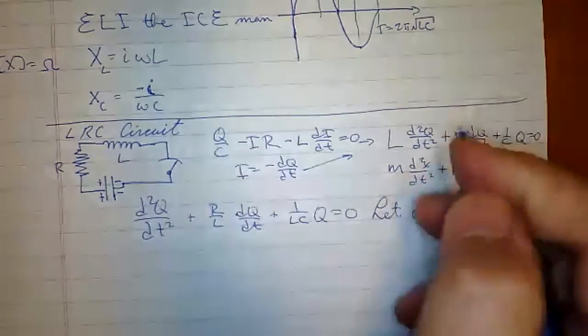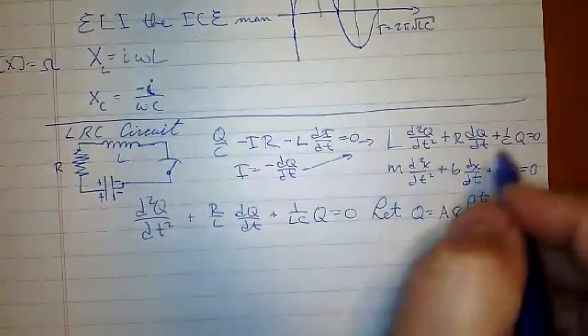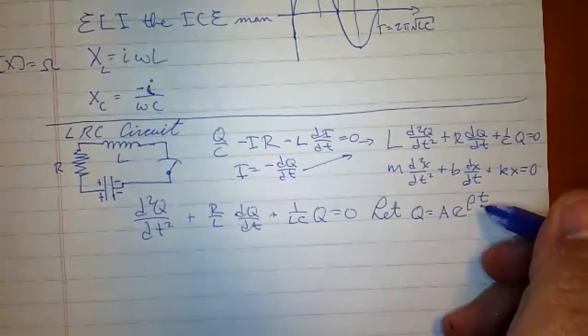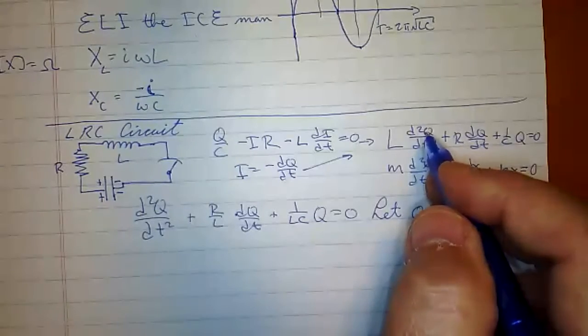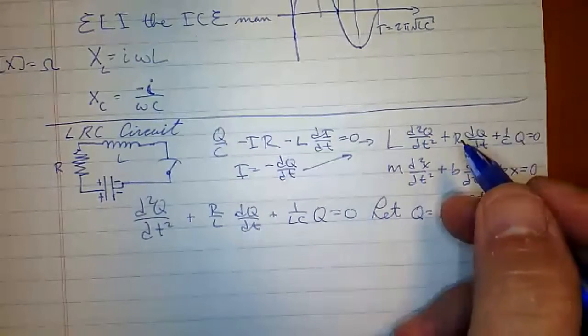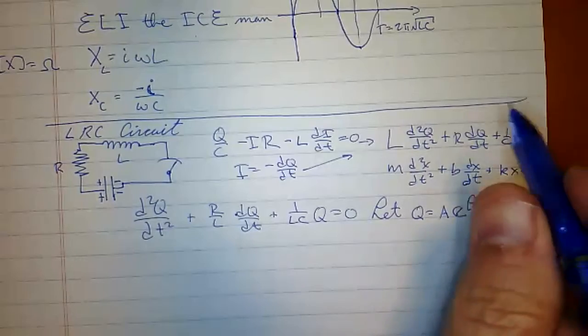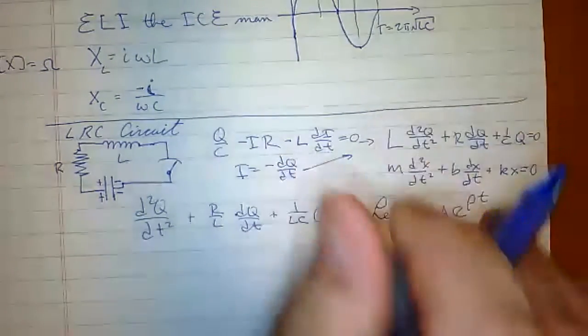When you find a linear equation with constant coefficients like this, no matter what order, this solution always works. But as you can tell, in a second order equation, we're supposed to have two roots. You'll see in a second what makes it a second order equation. And therefore, you're supposed to have them. But there's a part that people usually miss, and I'm going to go ahead and show you that too.